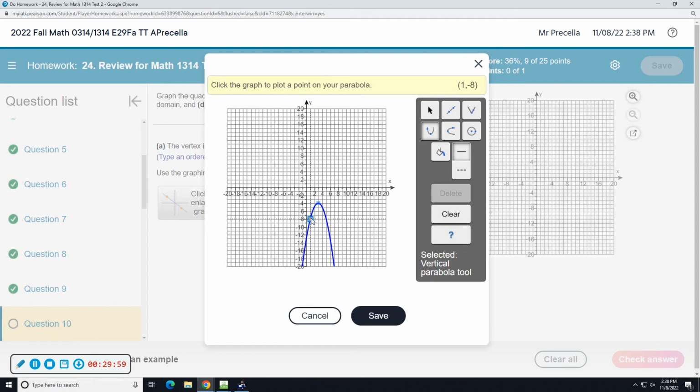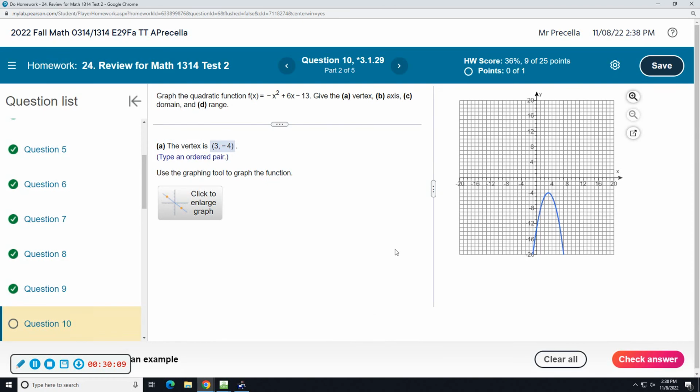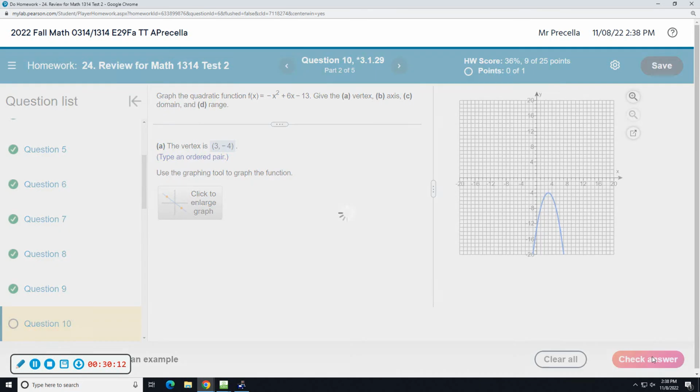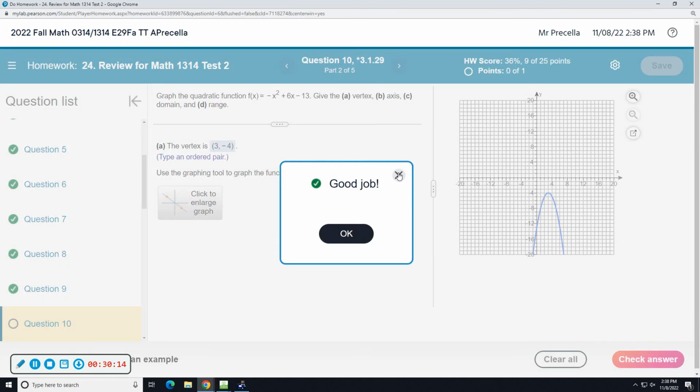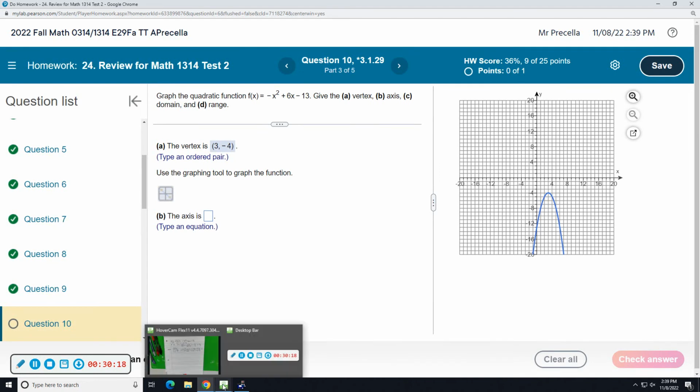Look in that blue box up there in the right hand corner. It says 1, -8. So I know that my cursor is where I want it to be. I'll click it, save it, check answer. They want the axis, domain, and range.